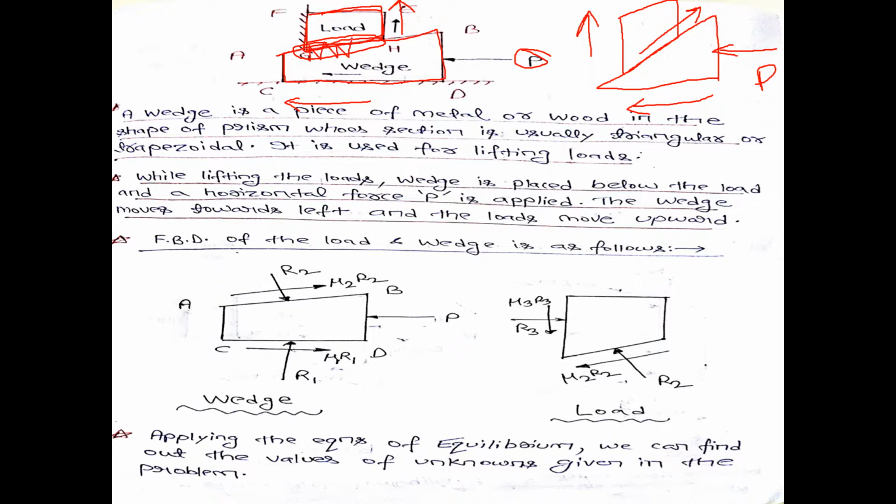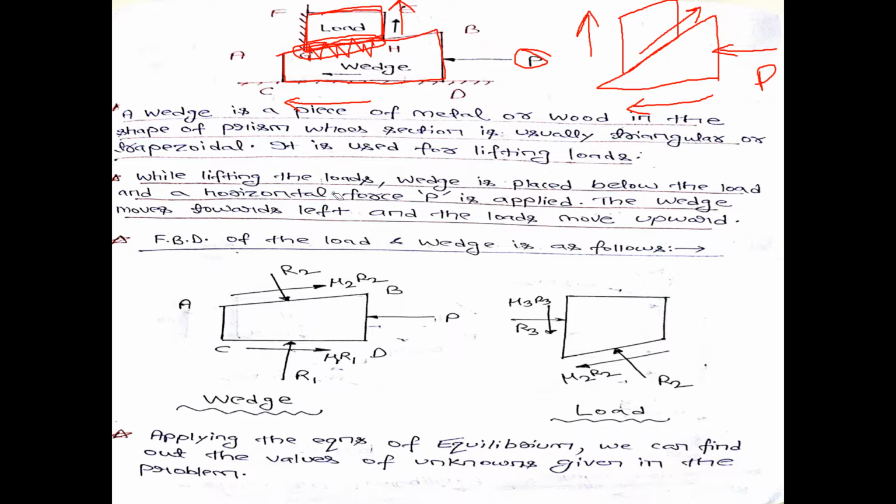So your load will only move up, or rise, with the help of the wedge if there exists friction between the two contacting surfaces, and that type of friction is known as wedge friction. Is it clear? Yes, sir.